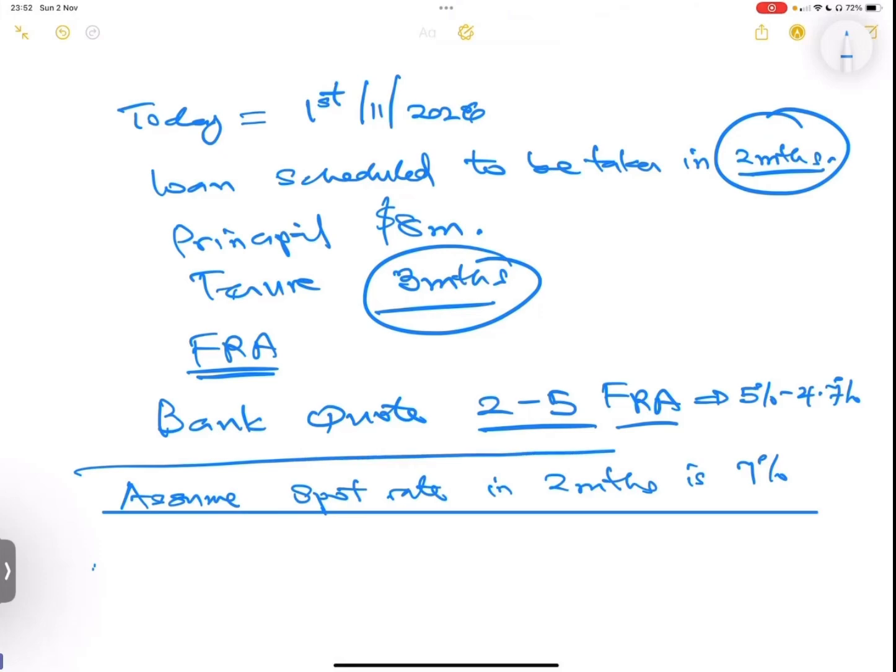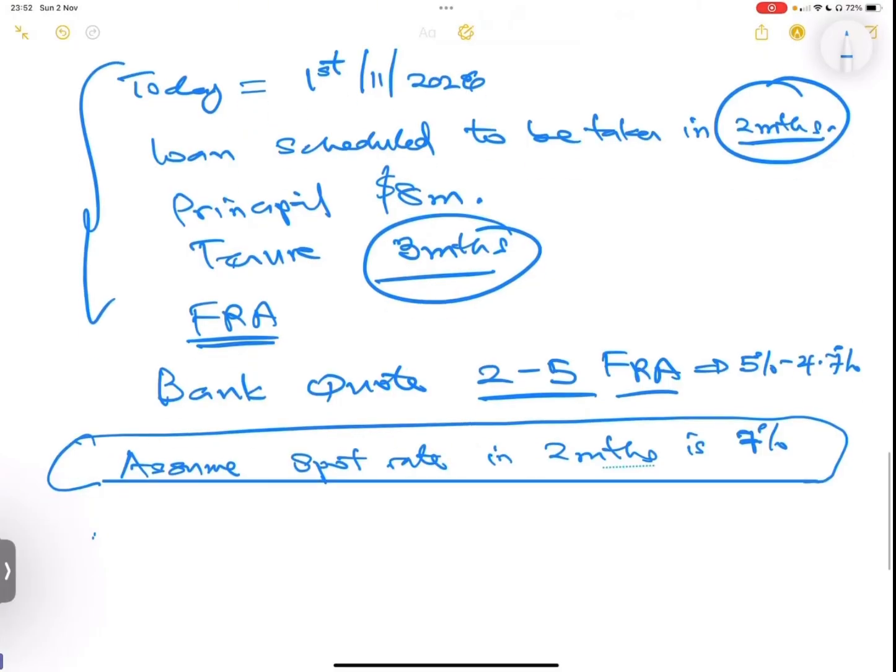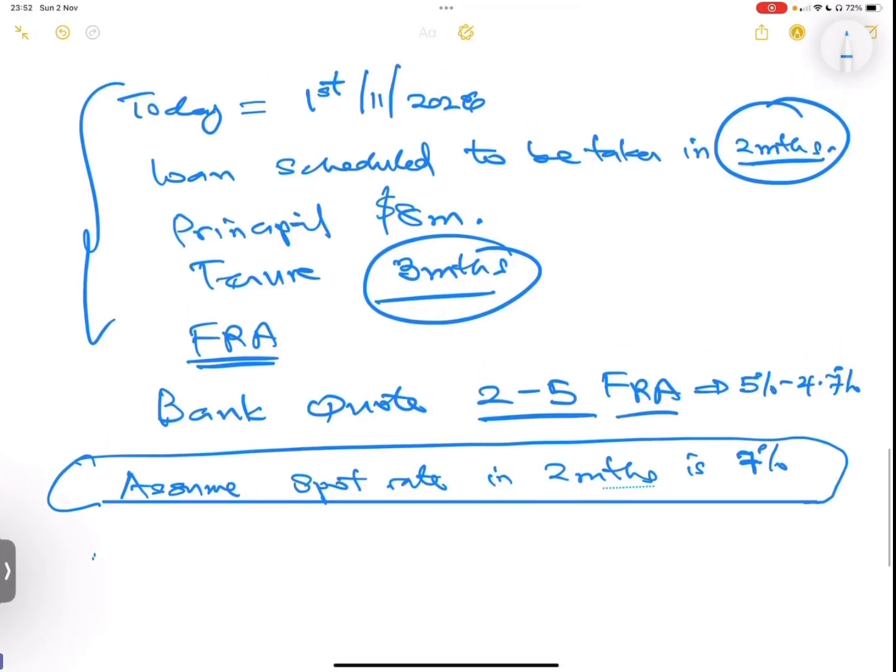And in 2 months' time, guess what? Our prediction was actually correct because interest rate has actually gone up to 7%. So in this kind of scenario, let's check if FRA would have helped us. The first thing I want you to do, easy one for me, is please, guys, get on your calculator and tell me, without hedging, what is interest expense?